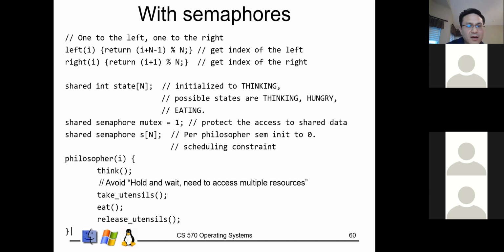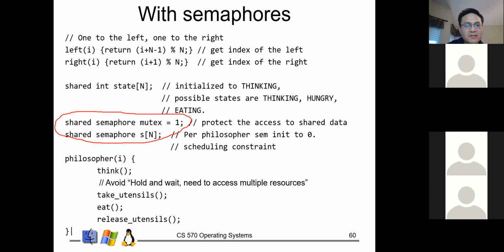Just very quickly, we can set up two kinds of semaphores. I will go a little quicker here; you can look into the slides if you want to look more into this solution.